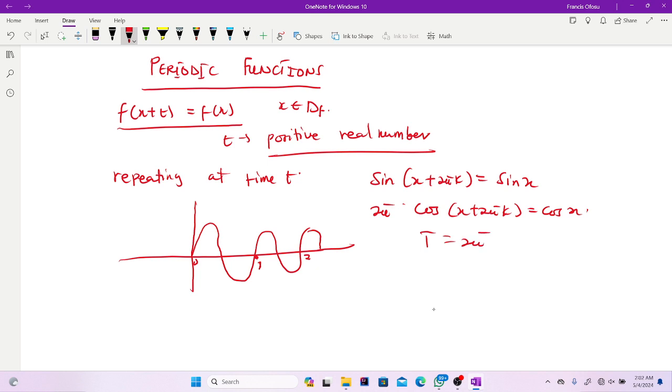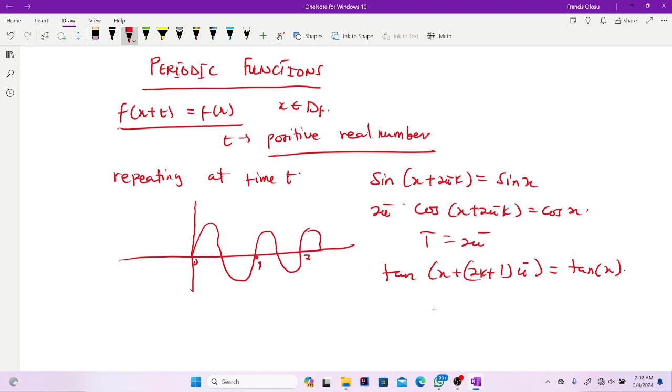Now what about tan? For tan, we have tan of x plus (2k plus 1) pi, which is equal to tan of x. The k here is simply any positive real number, but normally we use one cycle. It's 1.